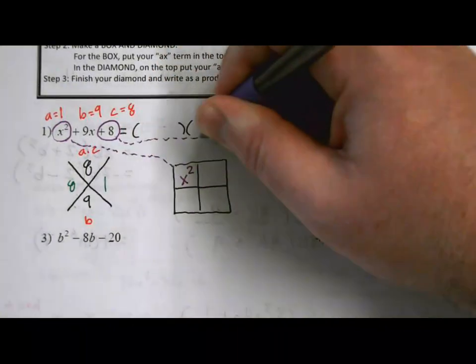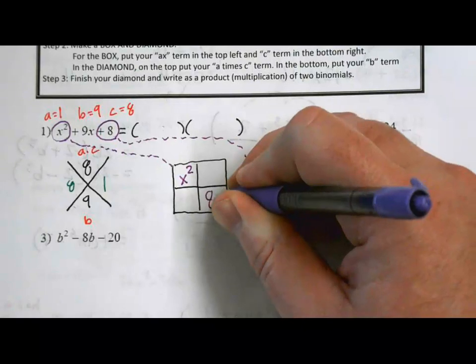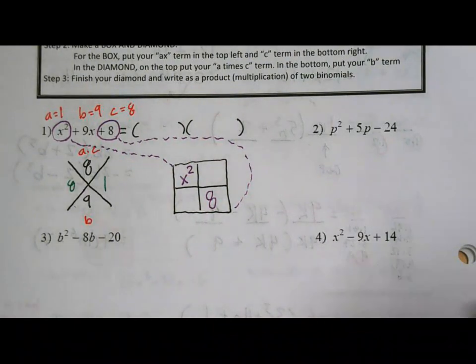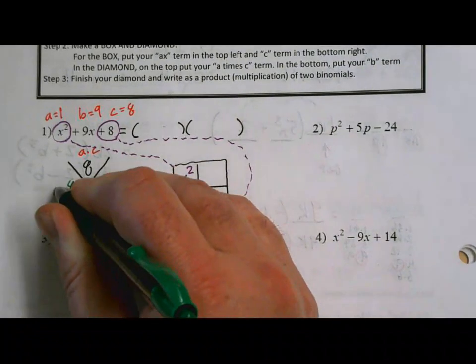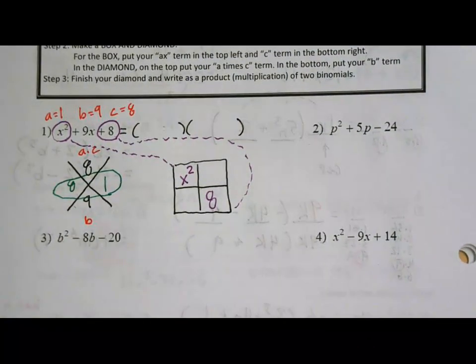And then the 8 is going to come around here, and it's going to go in this bottom corner here. So that just comes from your original problem. Good? All right.